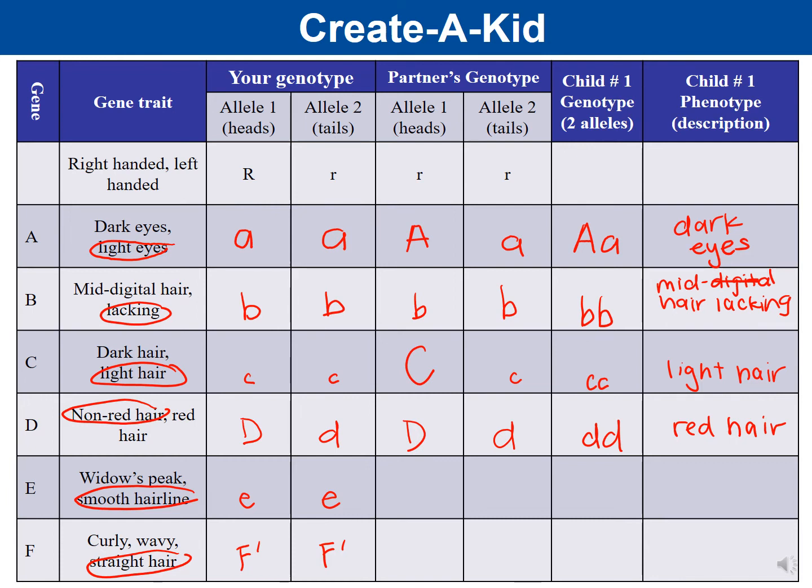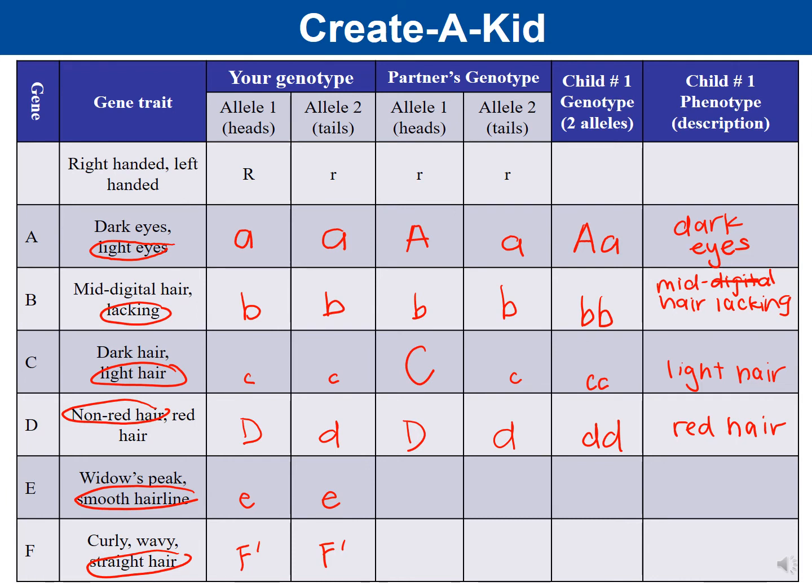Then you're going to repeat it again, and you're going to have a second kid. So there's another column that says child number 2, genotype. So again, flip a coin, record which alleles child number 2 gets, and then what child number 2's phenotype is. And so you're going to create 2 kids based on your genotype and your partner's genotype.